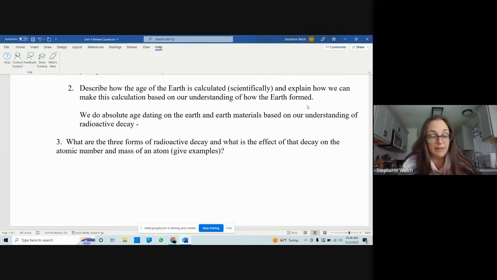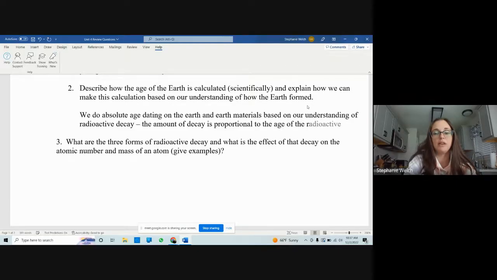So what this means is that we can use the amount of decay that has occurred as almost like a stopwatch in a rock that allows us to understand how and when that rock formed. So the amount of decay is proportional to the age of the rock.